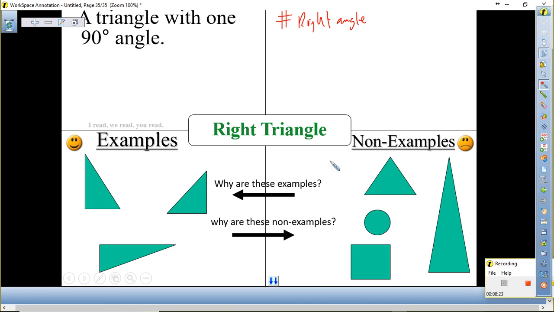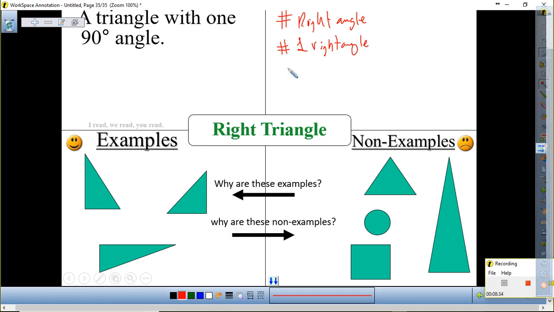Who can give me another one? Jared. One right angle. Who can give me another hashtag? Chris. 2 legs. Another one. Paulina. Hashtag hypotenuse.